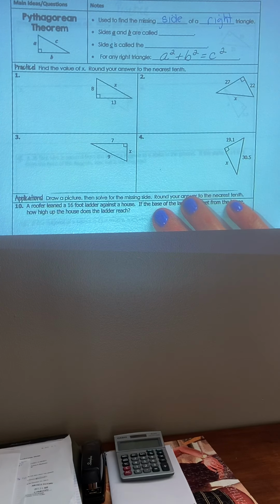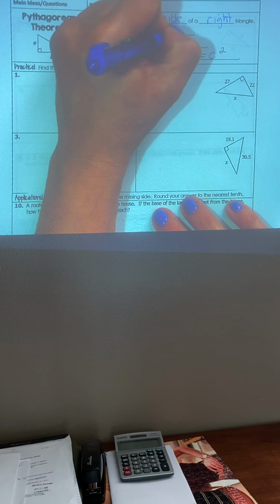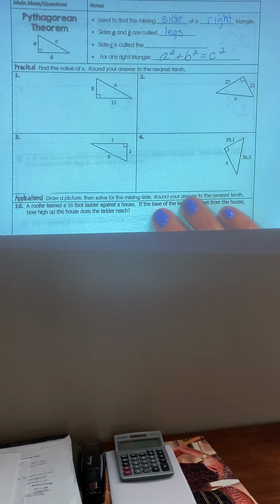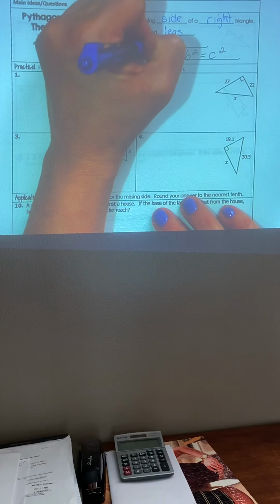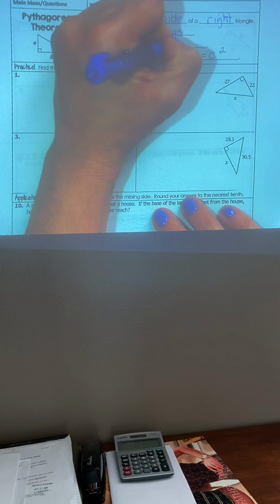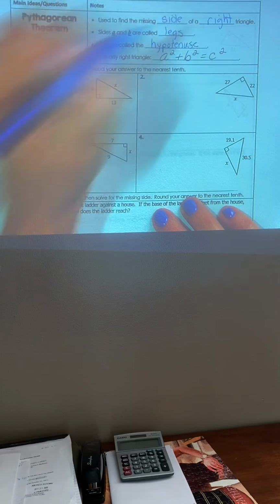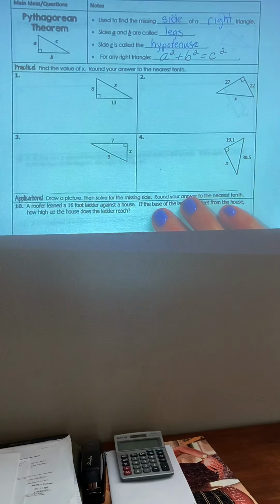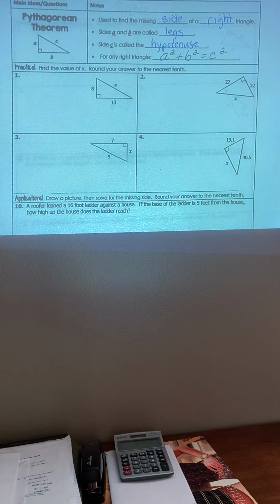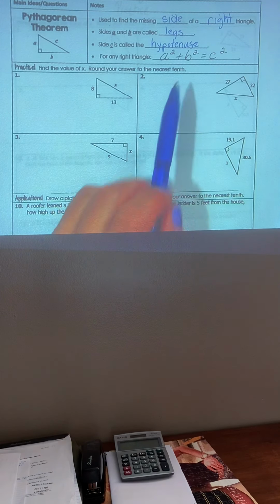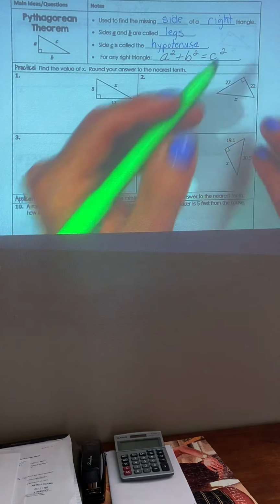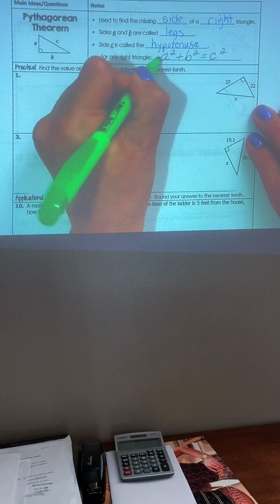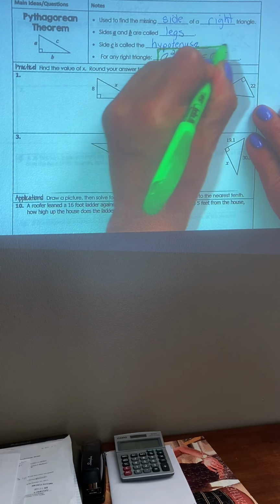A and B are called legs. Side C is called the hypotenuse. That's always the longest side of the triangle. And we know the formula is a squared plus b squared equals c squared. There's my formula.